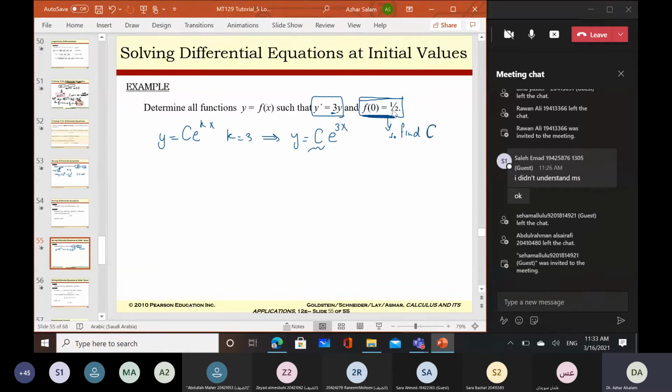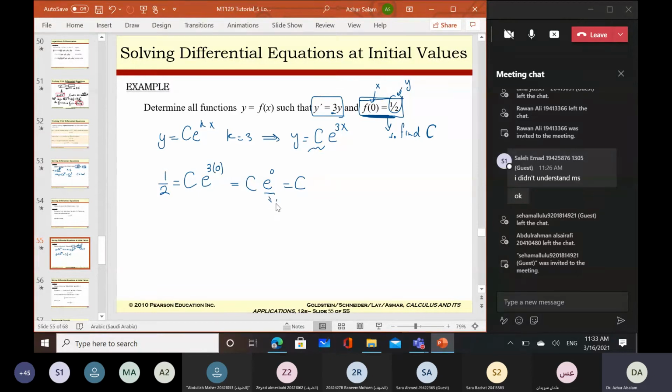Okay, I have that y is equal to half, so a half is equal to C multiplied by e to the power 3 multiplied by 0. لاحظوا هنا أن اللي داخل ال f this is x and the result here is y. اوكي، معناته اعوض عن الواي بالنص مش بالصفر، واعوض عن الاكس بالصفر. اوكي، this is equal to c this is e to the power 0. 3 ضرب الصفر هو الصفر. اوكي، so this is equal to c.